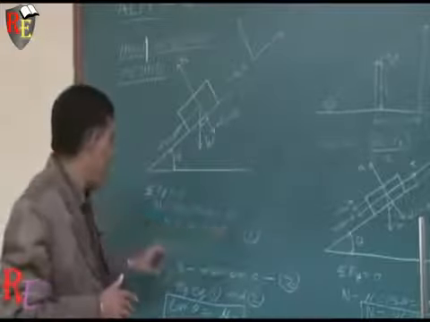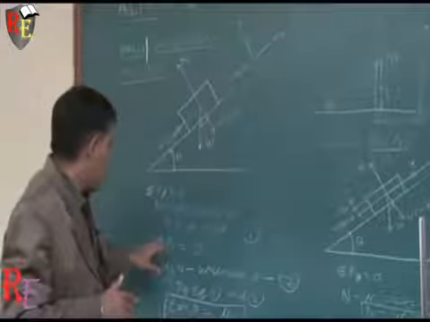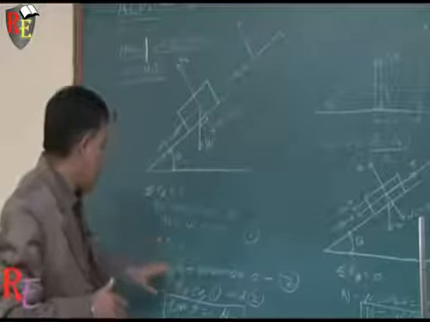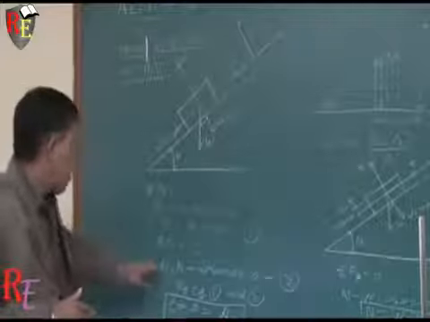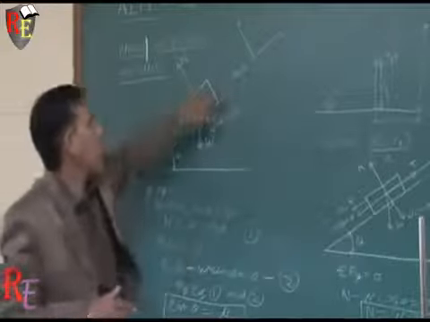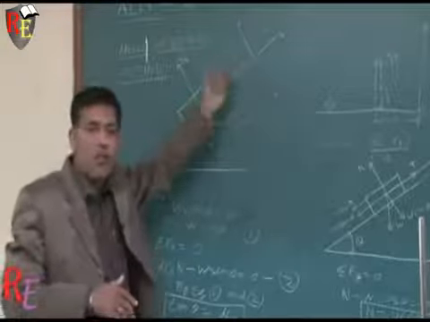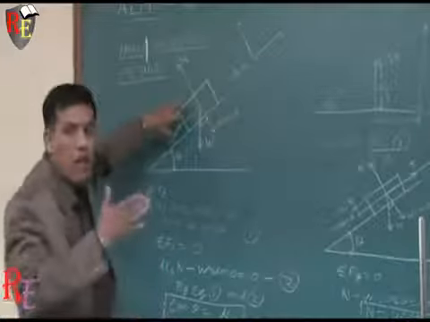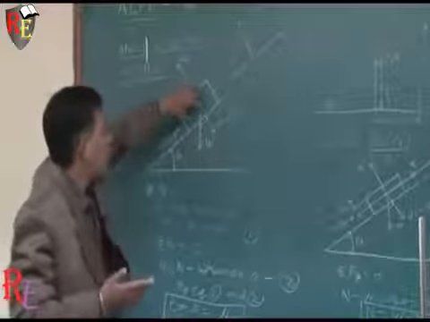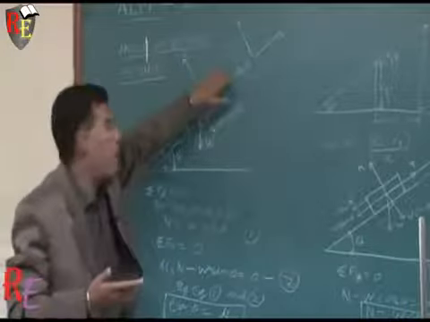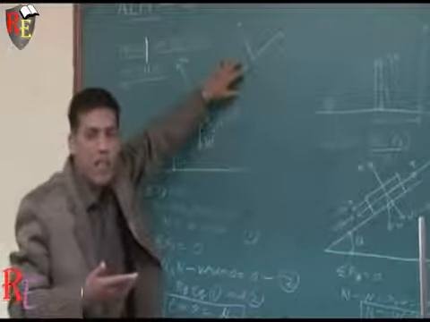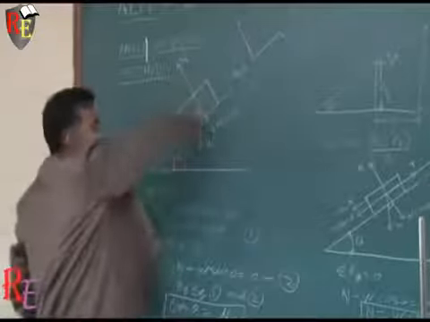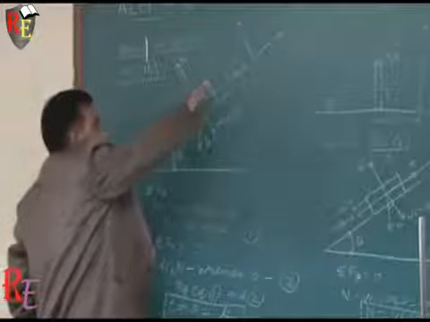Similarly, when I use sigma Fx equal to 0, then it is the mu s N that is acting upward. Since the block has a tendency to move downward, and friction always opposes the direction of the motion, it would act upward. Mu s N is acting upward. The component of the weight, W sin theta, is acting down the plane.